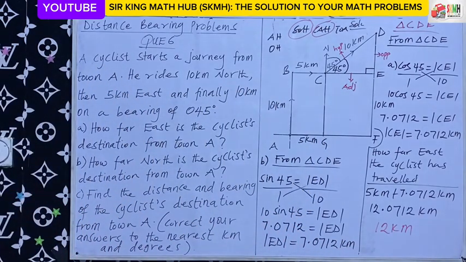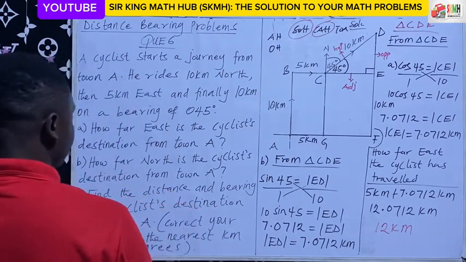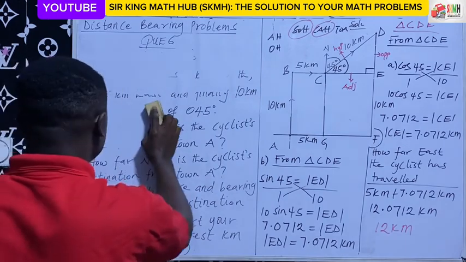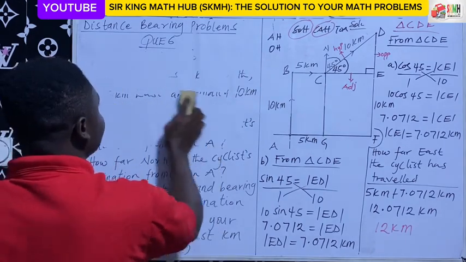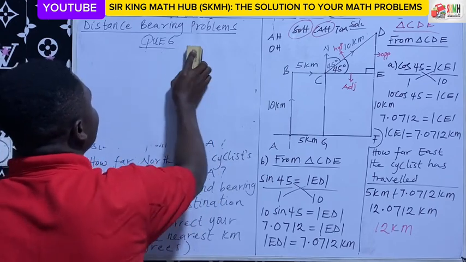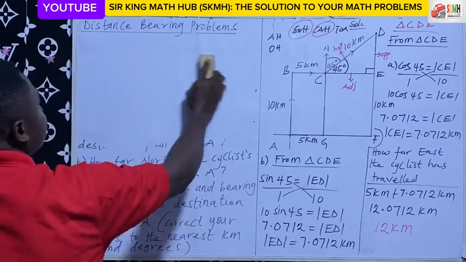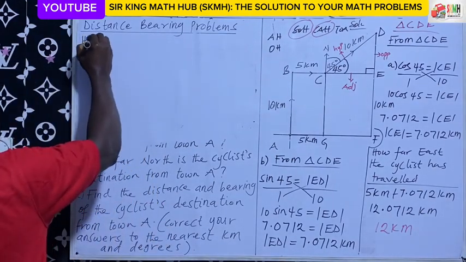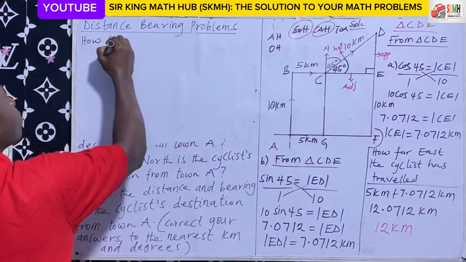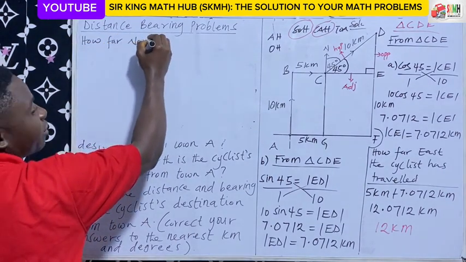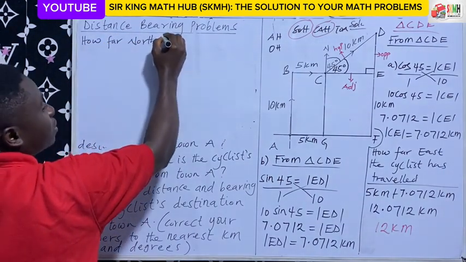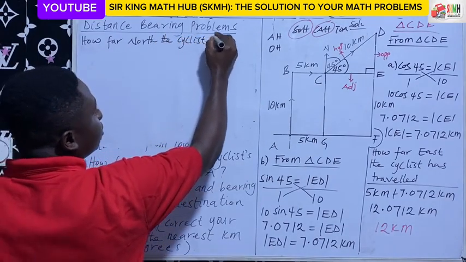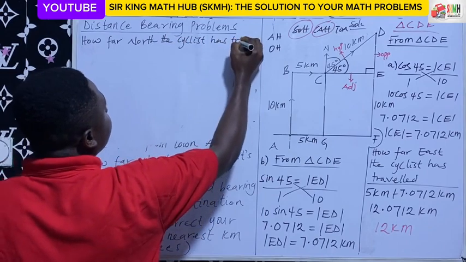So can we calculate how far north the cyclist has traveled from the starting point? How far north? Yes. So how far north the cyclist has traveled?